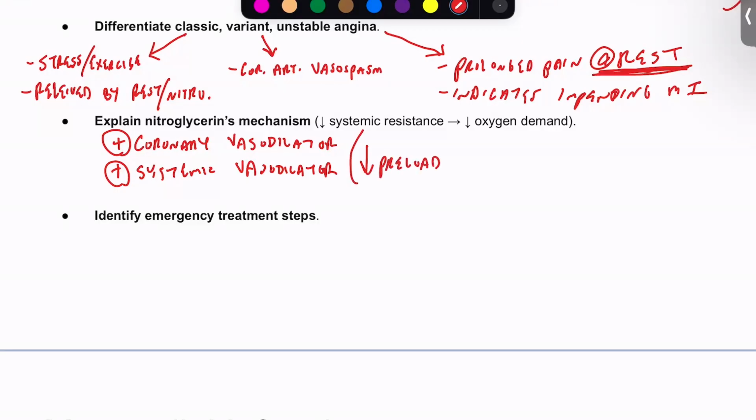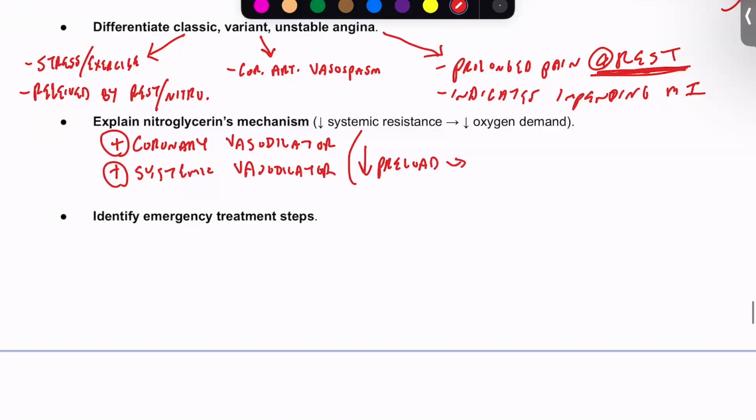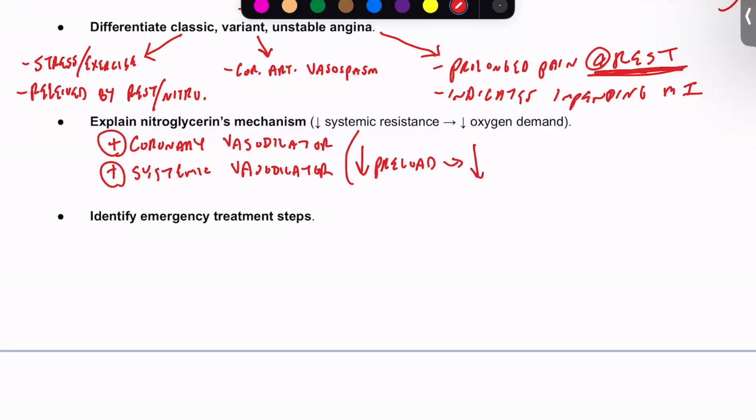And if we're decreasing our preload, our heart's not going to have to beat as fast, and so that's decreasing our myocardial oxygen demand. And because we're decreasing the oxygen demand, that increases our perfusion because we're not beating quite as hard or as much. Just in summary, nitroglycerin reduces the work the heart has to do. If you have less pressure, there's less demand.